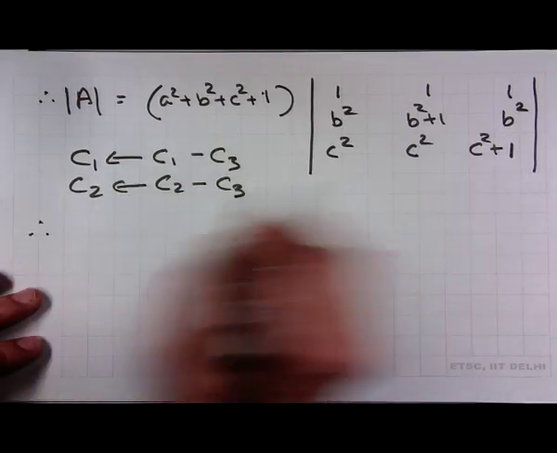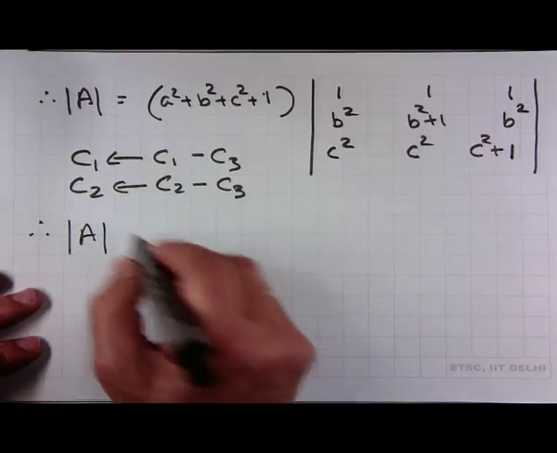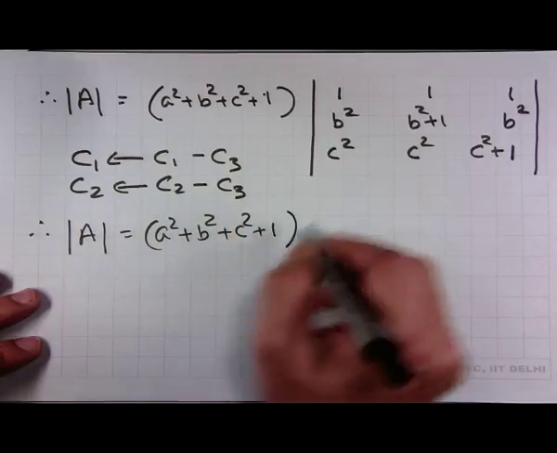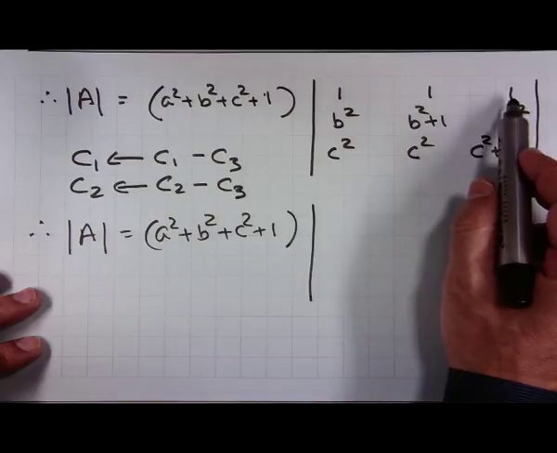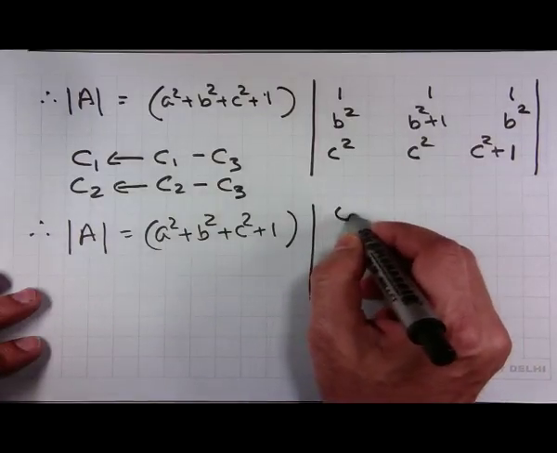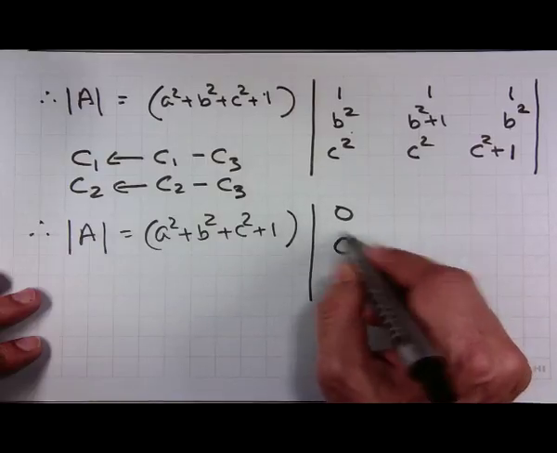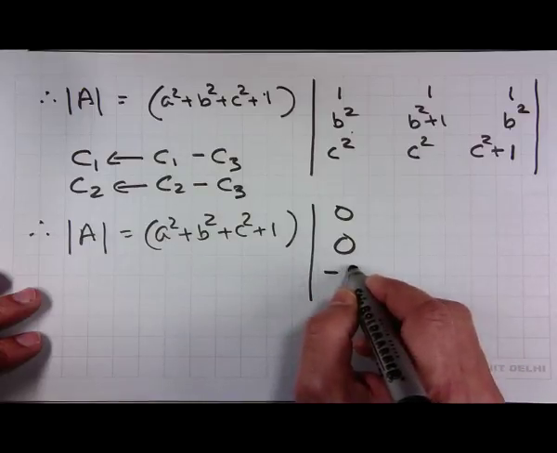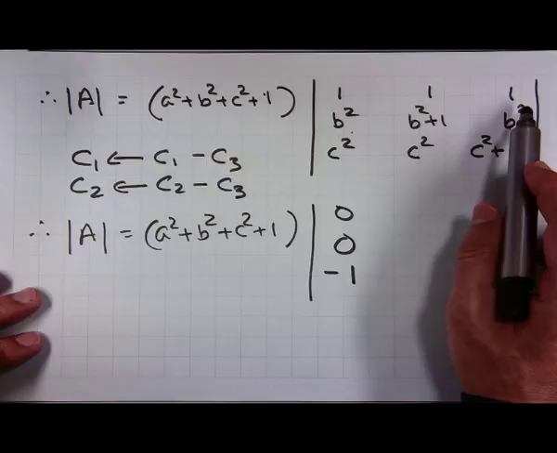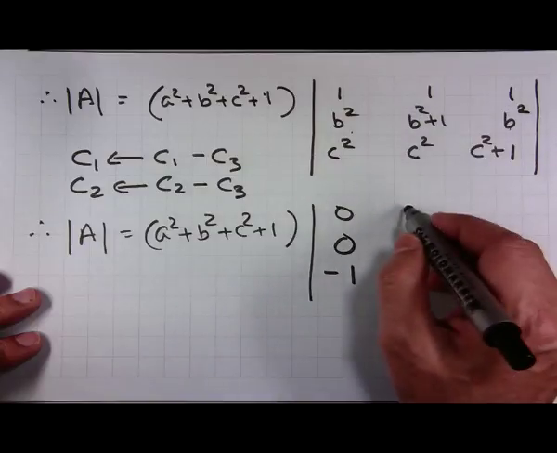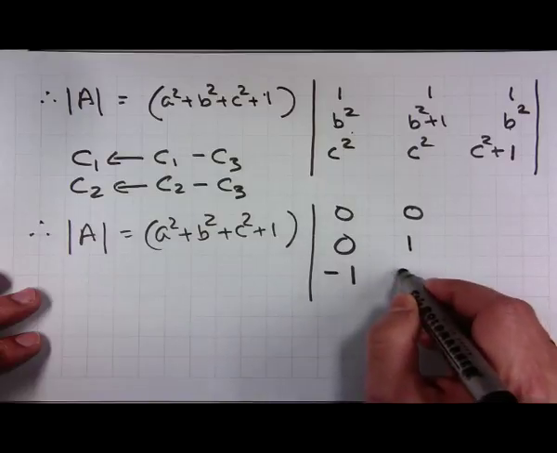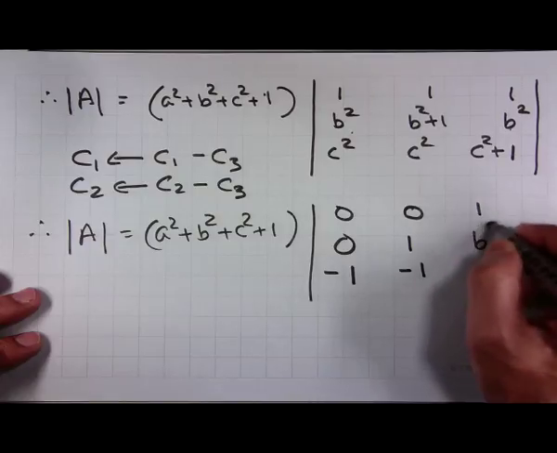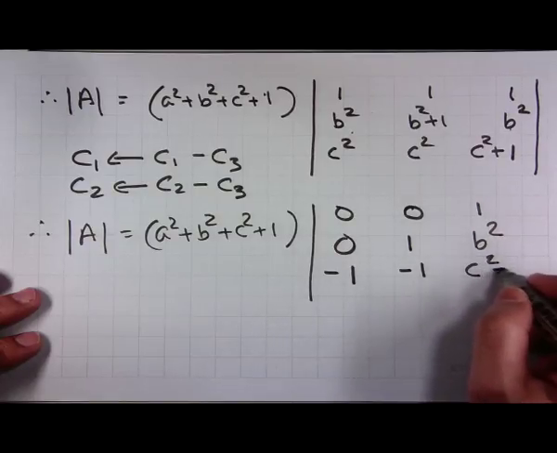Therefore, after doing these two operations, we get determinant of A is equal to (a square plus b square plus c square plus 1) into determinant of the matrix where, subtracting, we get 0, b square minus b square is 0, c square minus (c square plus 1) is equal to minus 1. Now, subtracting this column from this column, it is 0, 1 minus 1, and we are left with 1, b square, c square plus 1.